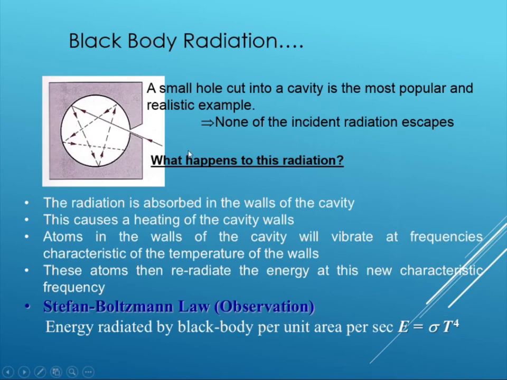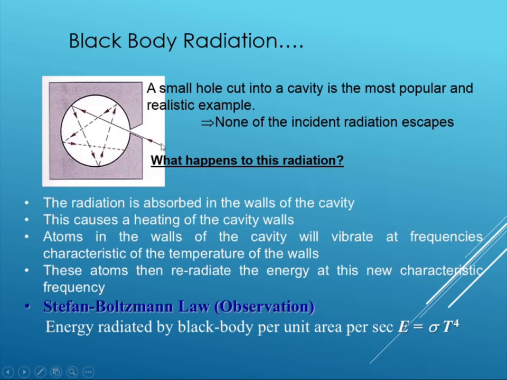To this hollow sphere a small aperture is provided. Through this small aperture light is incident inside the hollow sphere, and due to the number of reflections, look toward my cursor, the entire radiation gets absorbed inside the cavity. That means a black body is a good absorber as well as a good emitter.